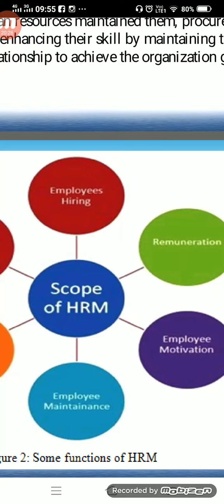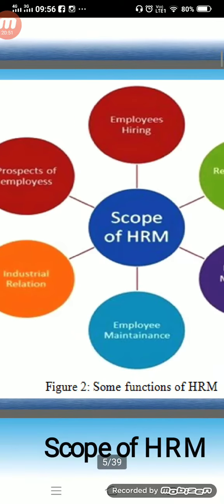Non-financial motivation, for example, like tours and other activities done by the organization for its employees, like giving rewards, and other activities which are not financial but are performed by the organization to motivate its employees. These activities come under non-financial motivation.